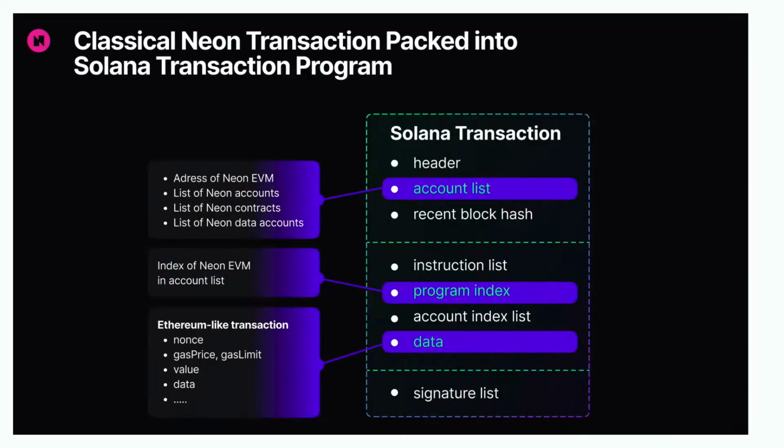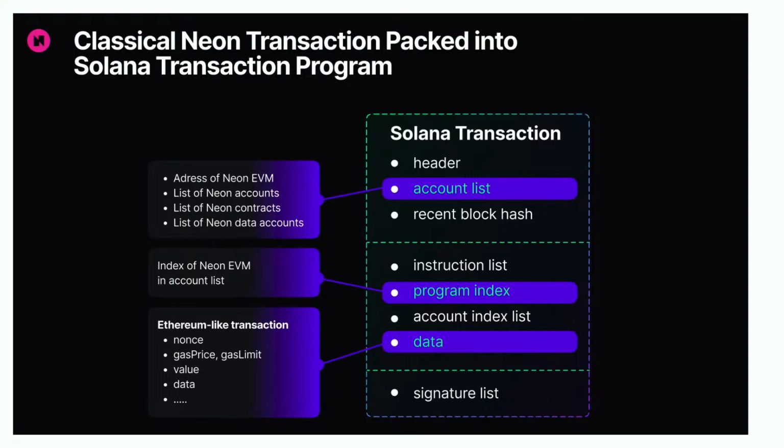This is how a transaction goes through. This is how a transaction is packed into a Solana-like transaction. You can see that the Solana transaction is completely different. You need to have the account list, which is the list of all the accounts you need to access when executing a transaction. An Ethereum transaction can access different data accounts in the same transaction, so you have to have that account list in the Solana transaction inside the proxy.